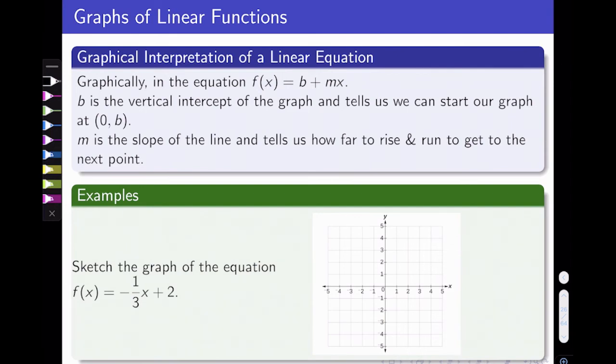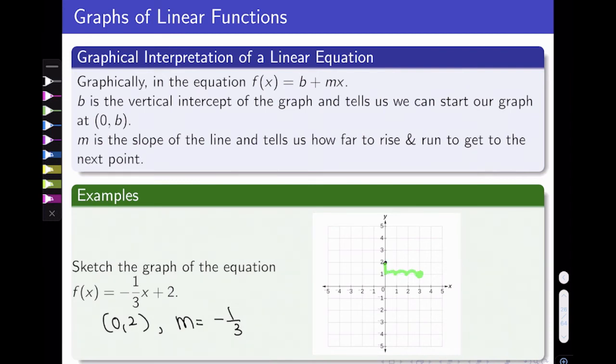So we want to sketch the graph of the equation f of x equals negative 1/3 x plus 2. And so the starting point is at 0, 2, because that's the b value, and the slope of this line is negative 1/3. So we'll start at the point 0, comma 2, and we'll go down 1, and to the right 3.